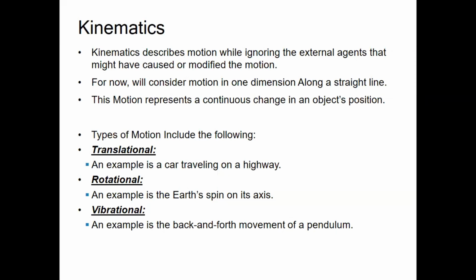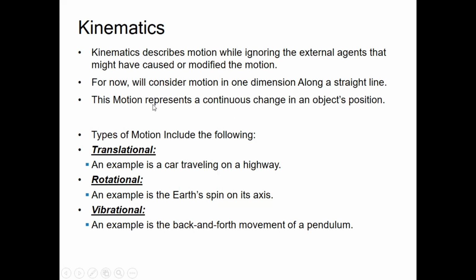So, without going into the details of the forces and the effects of forces, we focus on motion. So, we will primarily consider one dimensional motion along a straight line. However, we will extend it further eventually.